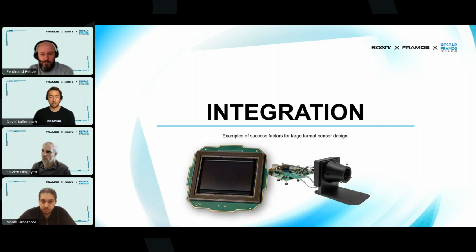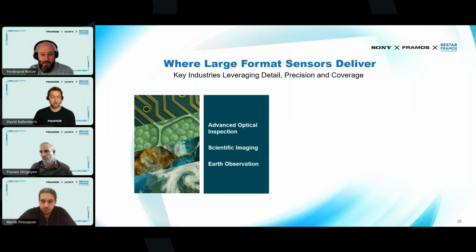And now that you know Sony's large format sensor technology lineup and where to get them and the support, let's take another look at where they deliver value. Monib has mentioned them before already, and especially key things to consider during the design phase and how you can shorten your time to market and de-risk your project. So large format sensors shine in applications where throughput and high quality are cost drivers, such as in advanced optical inspections like wafer, solar panel, or circuit board inspection.